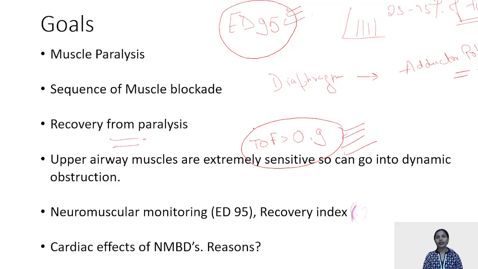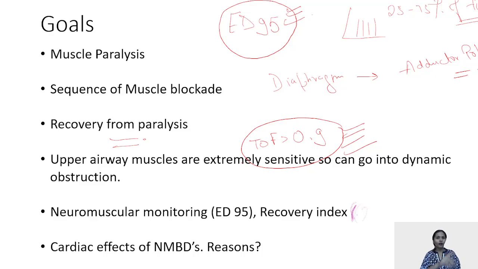Now, lastly, the question that comes is that different neuromuscular blocking agents have different cardiac effects also. As we will be dealing with one drug each, you will be able to see that there are certain drugs which are vagolytic in nature, or certain drugs which cause tachycardia. This is because of one or two mechanisms. First one is histamine release. Some of your neuromuscular blocking drugs will lead to histamine release.